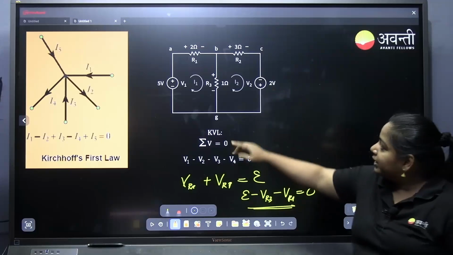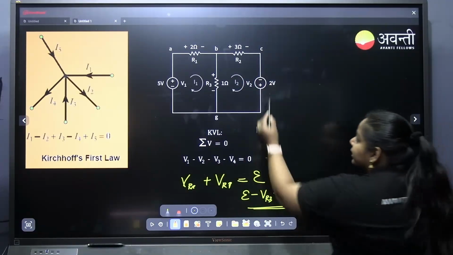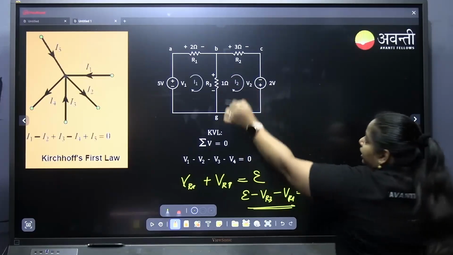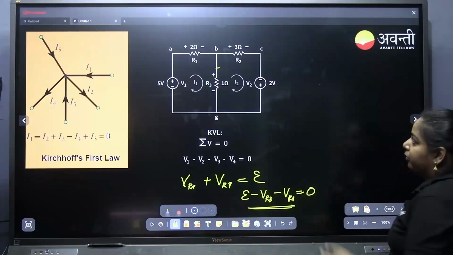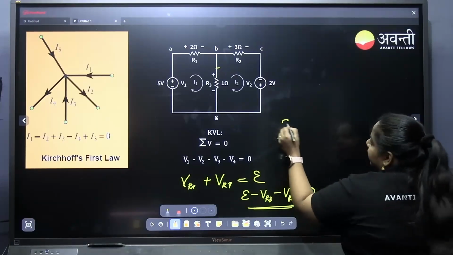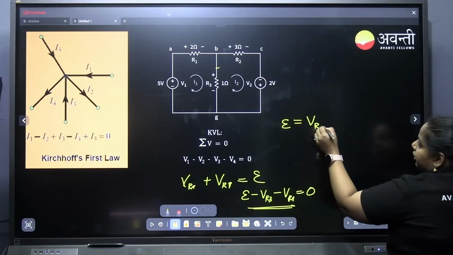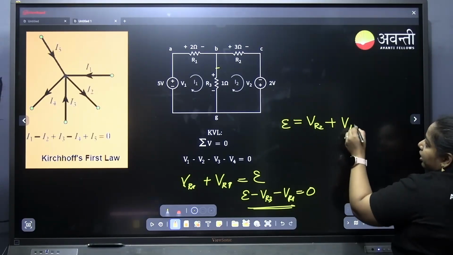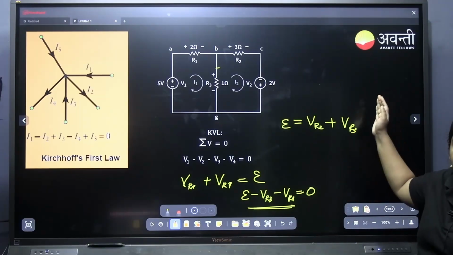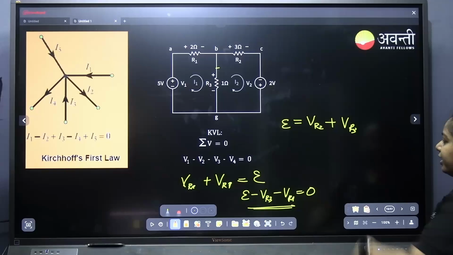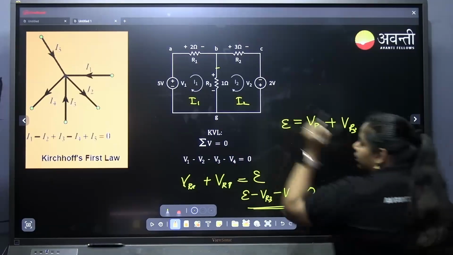Similarly, if we take the other loop, in that also the same battery is distributing, so the potential on this side will be the same on that side. The EMF of this side will be distributed across R2 and R3. Same on this side also. When we combine, if you want, on this side there will be current I1 and on this side current I2.